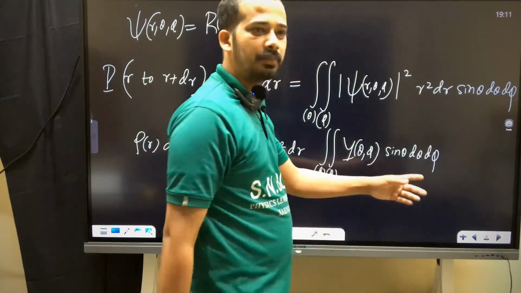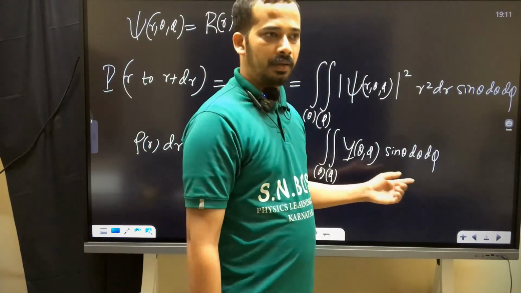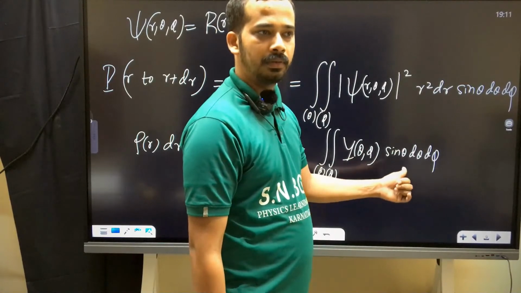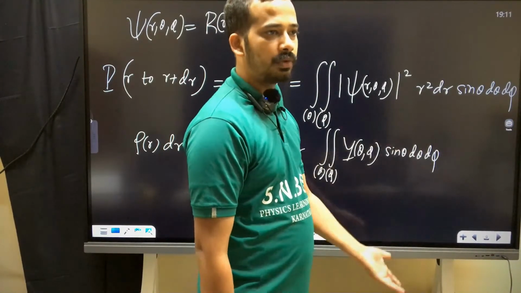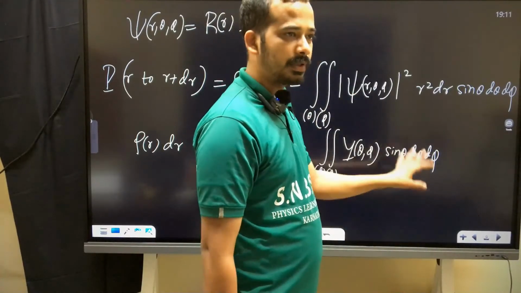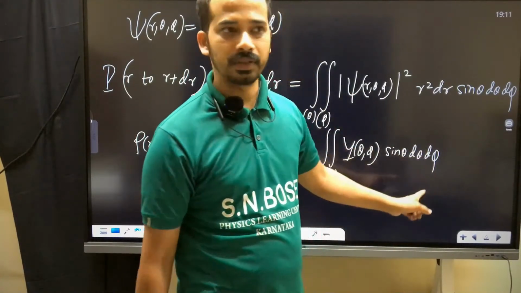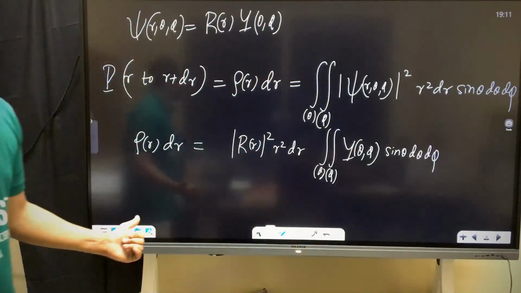I hope this will be 1, am I right? For l equal to 0, m equal to 0, it is 1 by root of 4 pi. Along with 4 pi, somehow it doesn't matter. This is actually one constant. We are looking for that functionality.